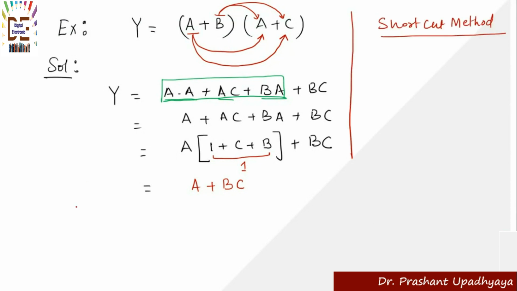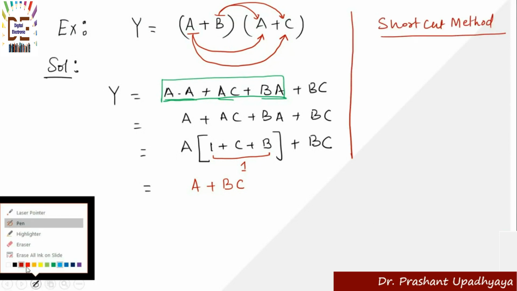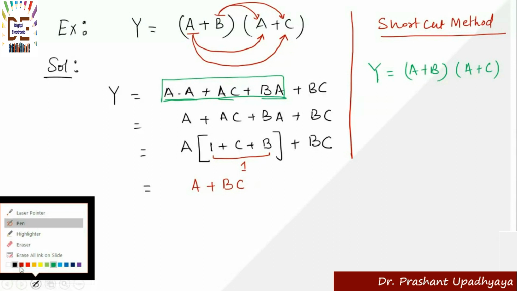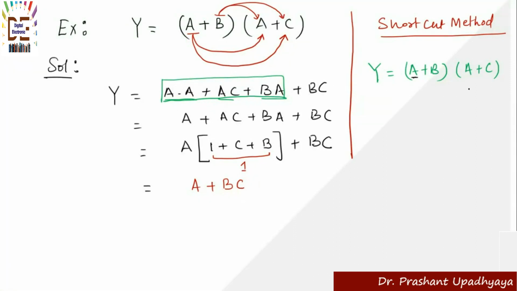What does the shortcut method say? If you have an expression like this, y equal to a plus b and a plus c, where the first variable is the same in both, then you multiply the first value with the first value of the other variable, and this with this.